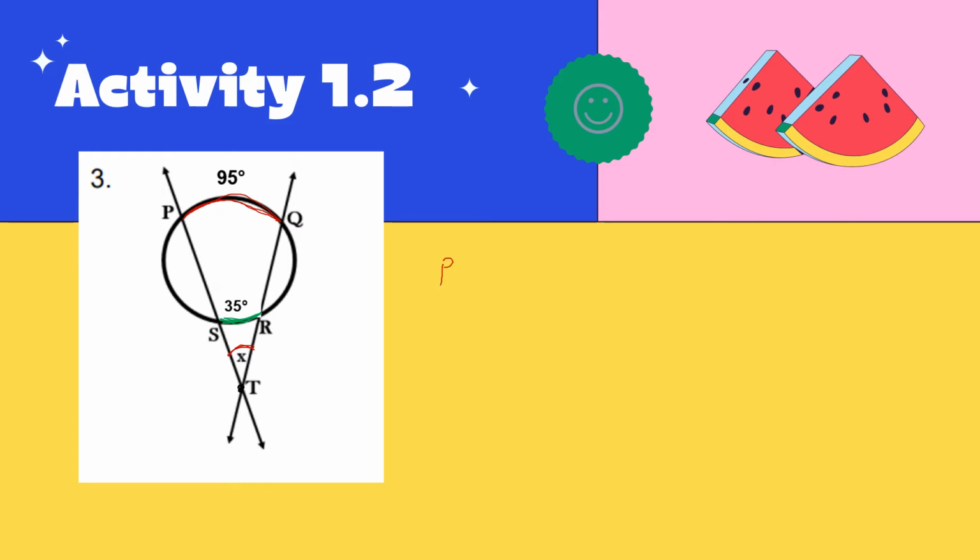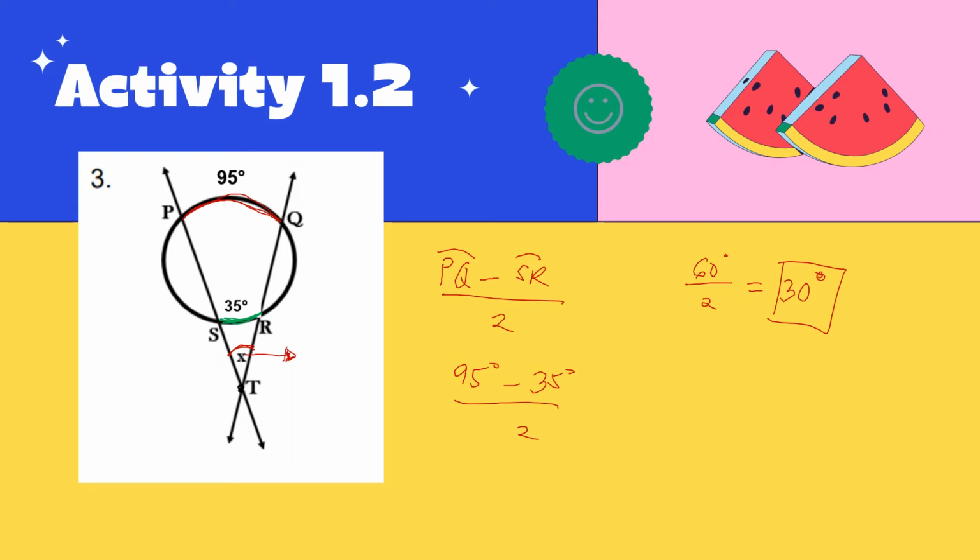The bigger arc is arc PQ minus the smaller arc, arc SR, and then we divide it by 2 to get the measurement of angle QTP, or angle X. Okay, so PQ is 95 degrees minus SR is 35 degrees, divided by 2. So 95 minus 35 is 60, divided by 2 is 30 degrees. There. Therefore, the measurement of angle X is 30 degrees.